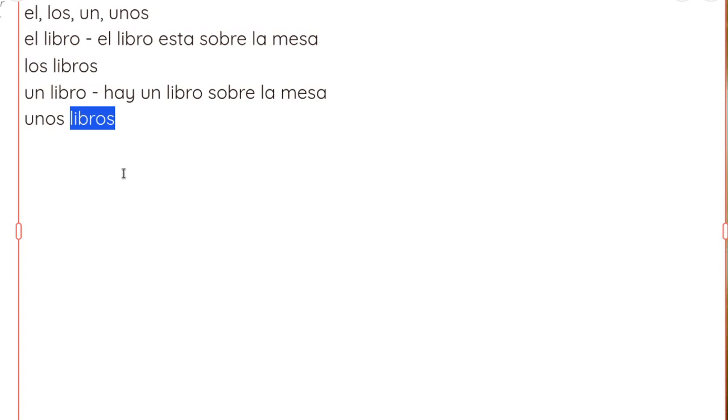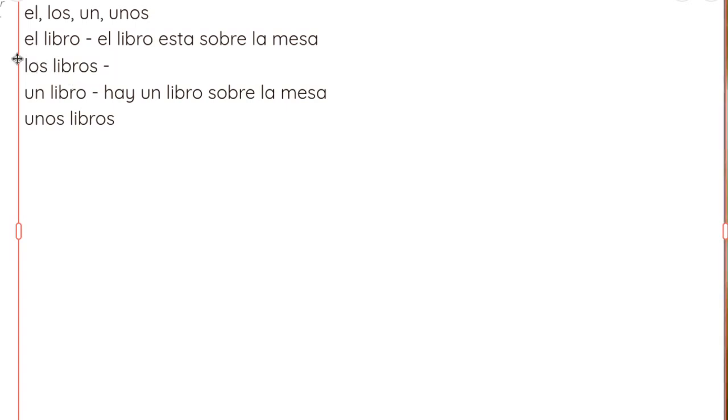Niños, books, apples, naranjas, pelotas, animales, pens, anything, right? In this case, I'm using libros. So, this is masculine, plural, right?